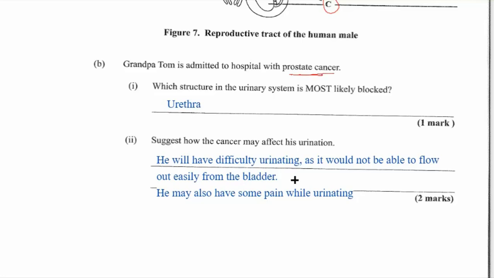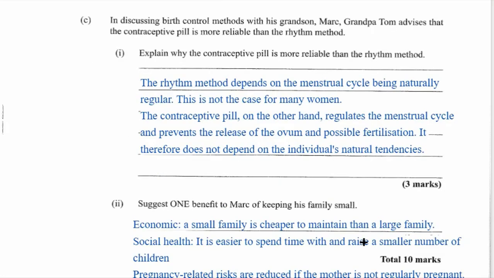Okay, so in discussing birth control, Grandpa Tom advises the contraceptive pill is more reliable than the rhythm method. So the question is asking why. Let's compare the two. You describe the rhythm method, and what does the rhythm method depend on? It depends on the menstrual cycle being naturally regular, and for many women that's not the case.